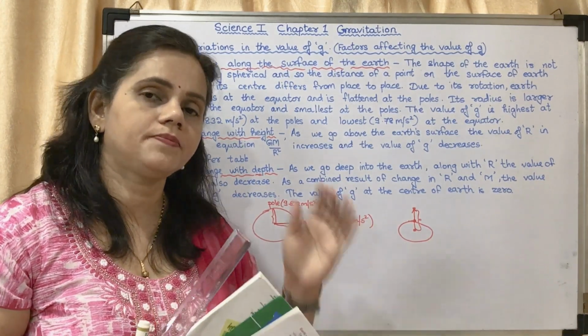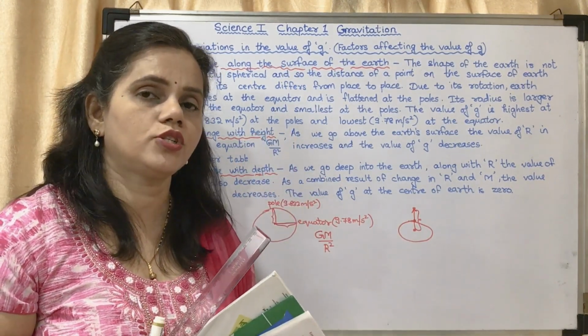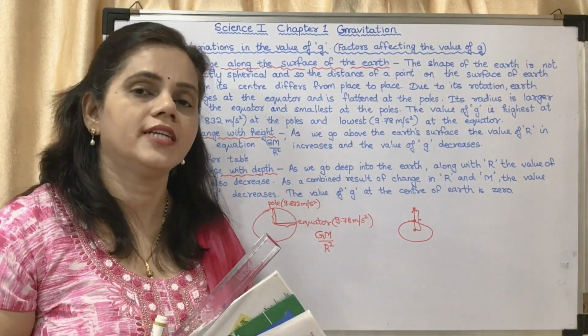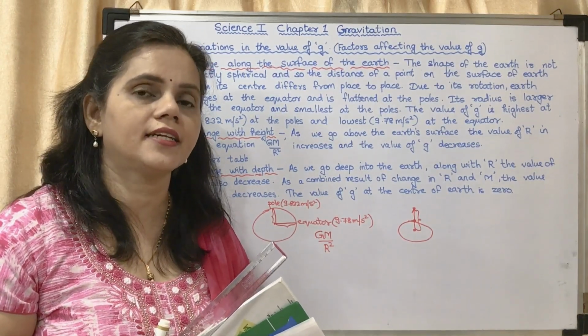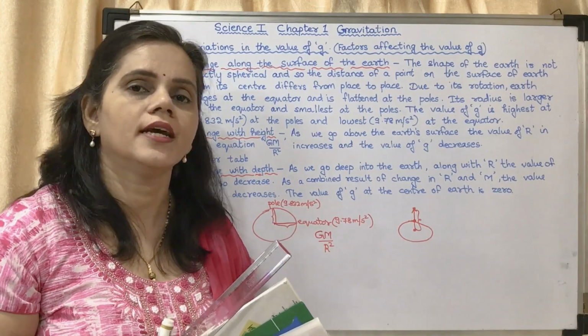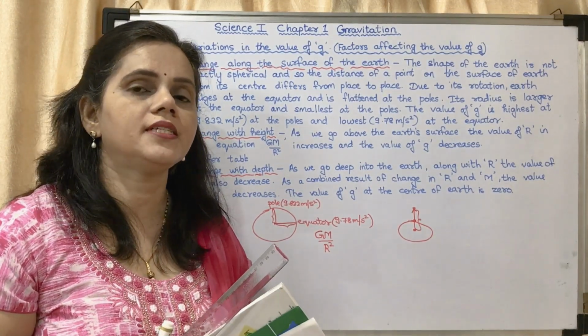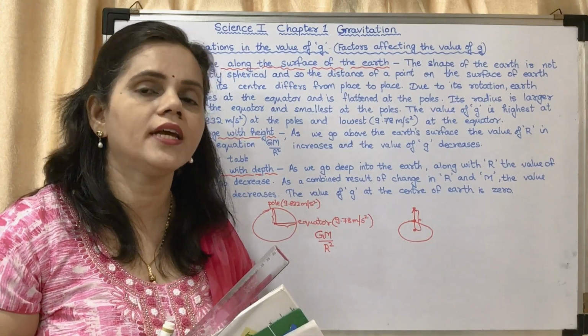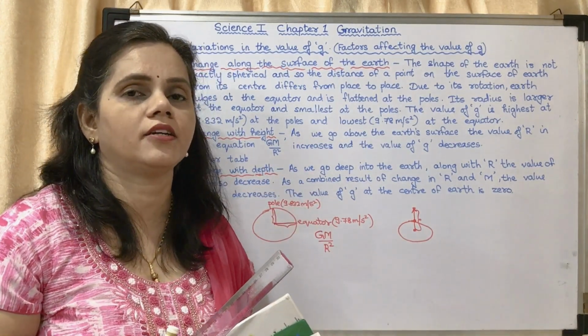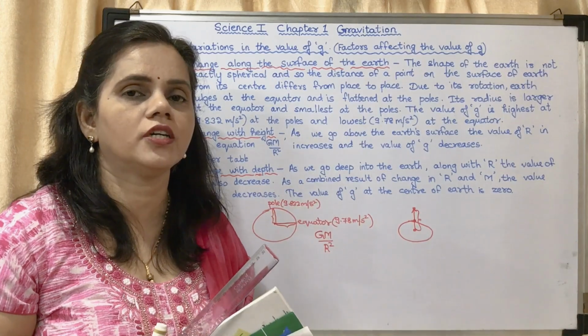So at that height also there is the effect of g. That means the earth is attracting that object also towards itself. Understood? So there is acceleration due to gravity. That means if the satellite is not moving, it will fall towards the center of the earth, towards the surface of the earth.